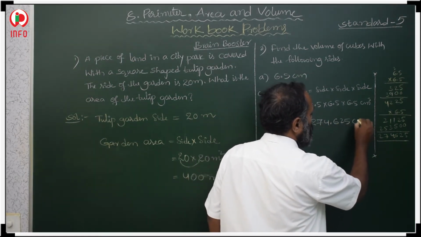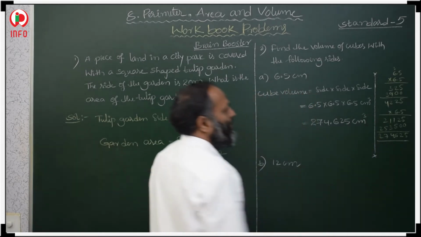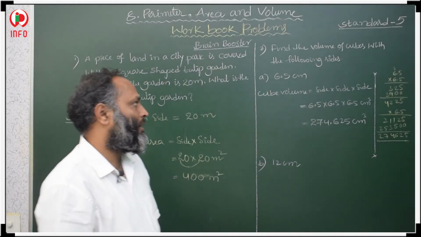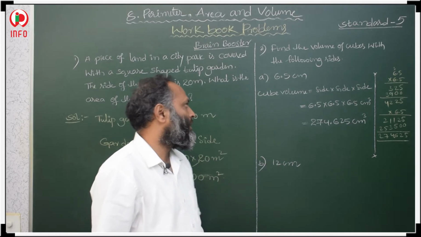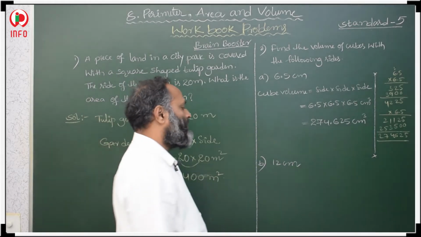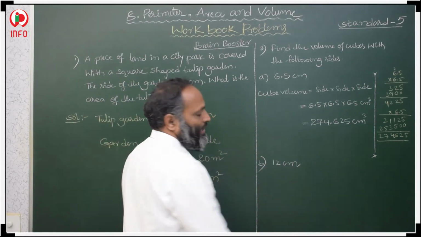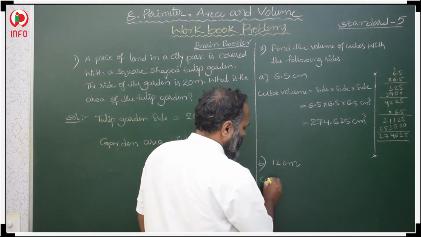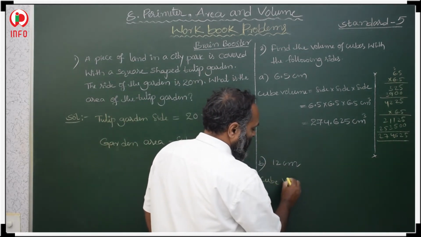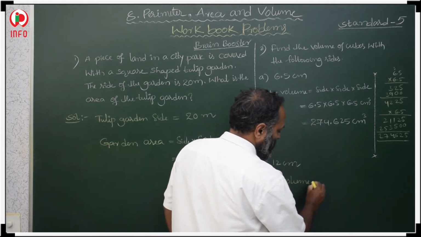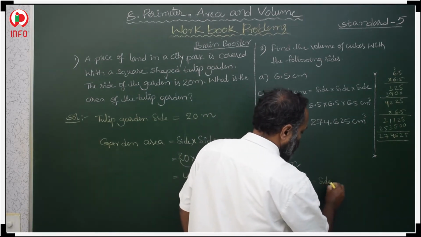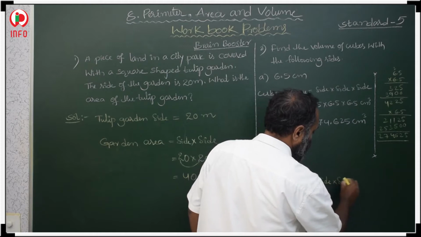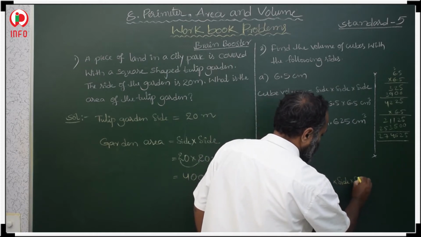274.625 centimeter cube. This is the volume of the cube with the given side 6.5 centimeters. Next, here the side is 12 centimeters. Then what is the volume? Cube volume formula, side into side into side.